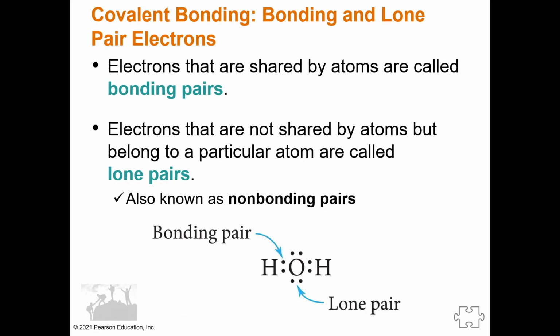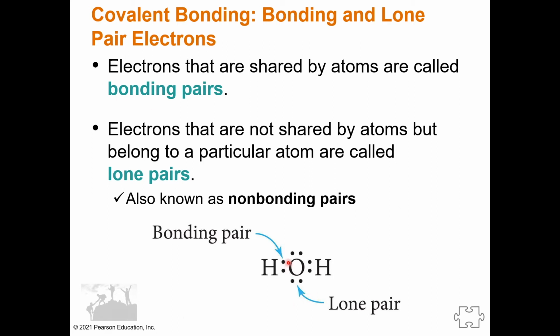There are two types of electron pairs that we have to consider: bonding and lone pairs, which are also known as non-bonding pairs. So here we have the Lewis structure for H2O. We know from a previous slide that H2O has 8 valence electrons.